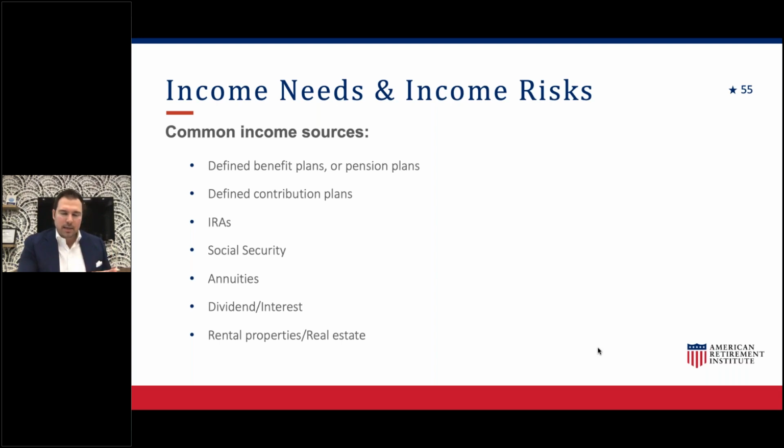Now that mindset and that plan has to switch from an accumulation solely focused plan to an income focused plan. Because after all, your working paychecks have stopped. We've got to replace those working paychecks with income from annuities, CDs, stocks, pensions, Social Security, rental income, to make sure you have enough income coming in.